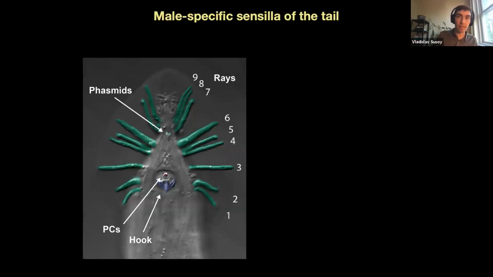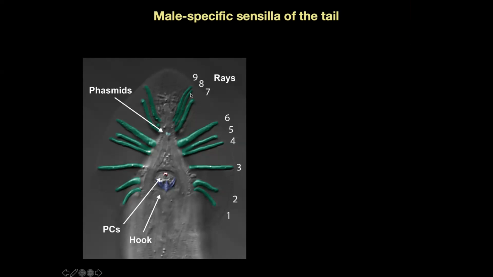To perform all these behaviors, the male has a very extensive sensory periphery. And here we are looking at the tail of the male, which is equipped with a number of sensory sensilla. Can you see my pointer? Yes. Oh, great.